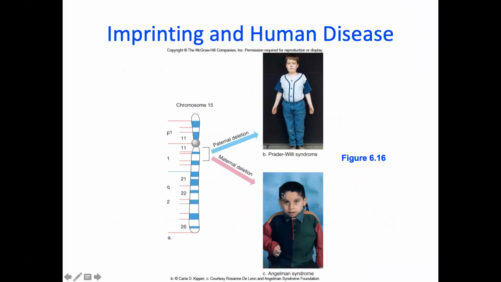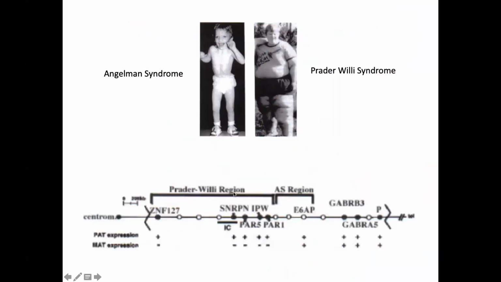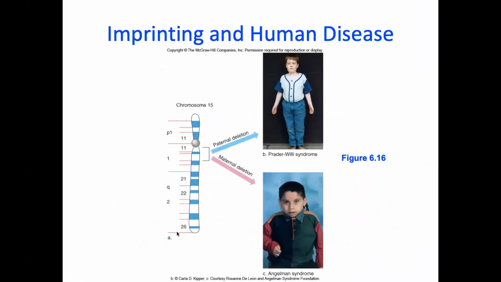You can see that we have a pretty detailed genetic map. Multiple genes fall within that region of the deletion. So the question is, why do you get the different outcomes? Well, it depends on which parent transmits the deleted version of the chromosome that determines whether or not you suffer from Angelman syndrome or Prader-Willi syndrome.